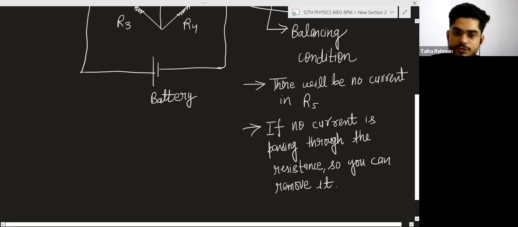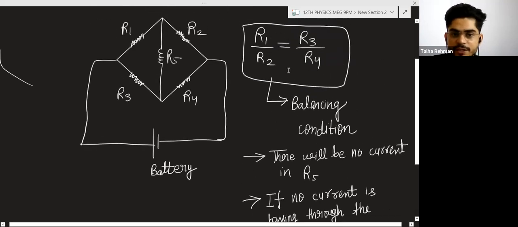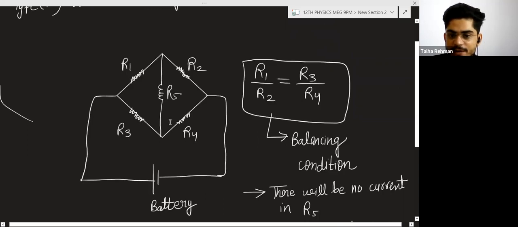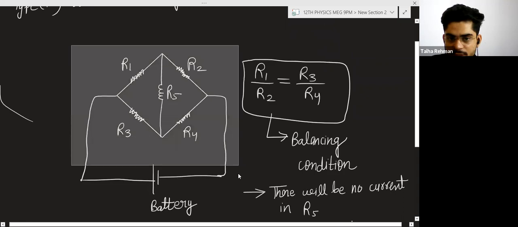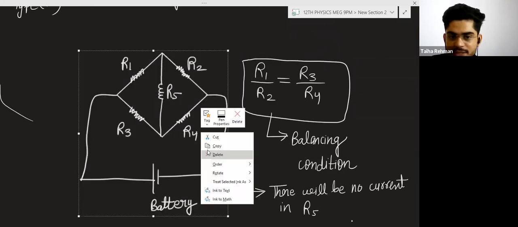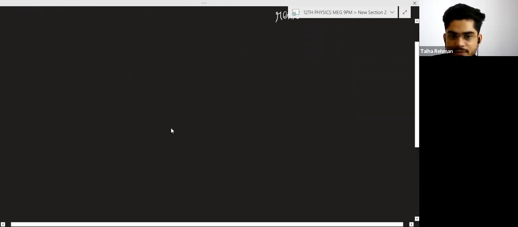Okay, Hamza. So see here, as we know that there is no current in R5, if this condition is followed, then we can just remove the resistance R5 easily.